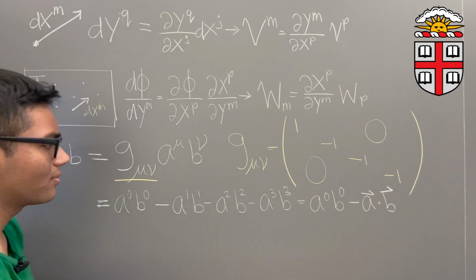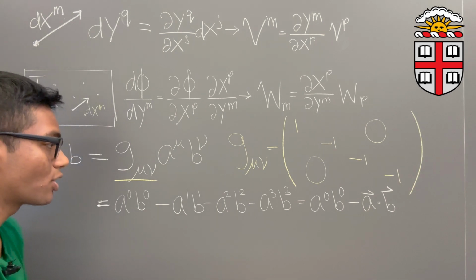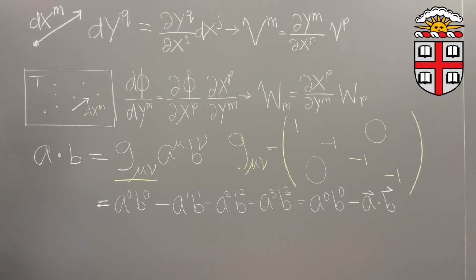Now let's talk a little bit about raising and lowering contravariant and covariant indices. Remember that if you have, for example, a to the mu, this is a contravariant vector component, because you have mu as a superscript. Whereas if you have a sub mu as a subscript, this is a covariant vector component.